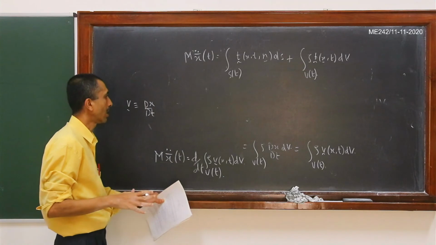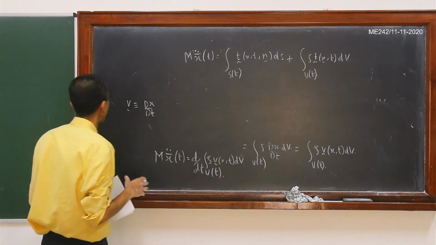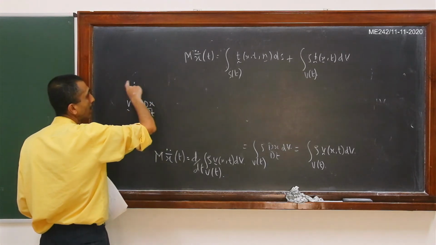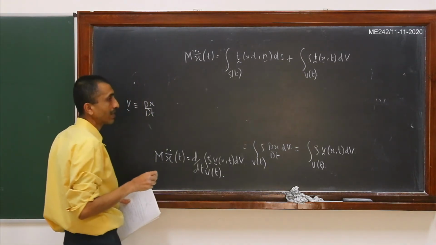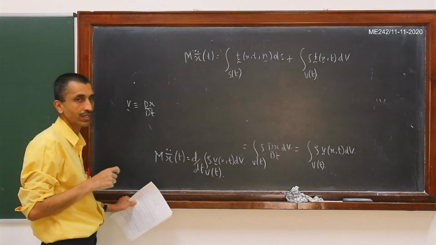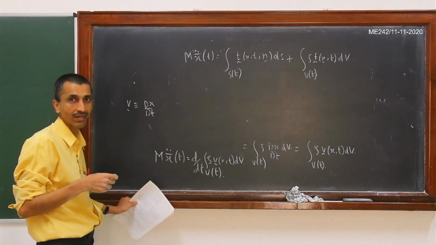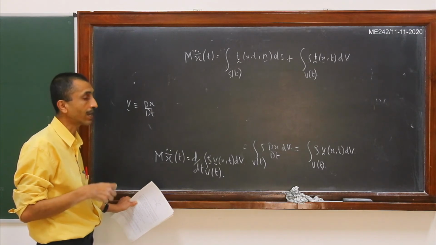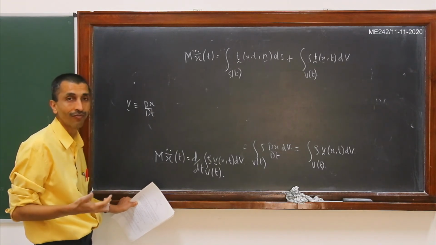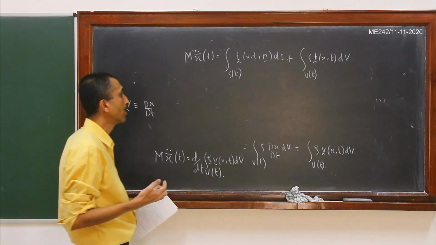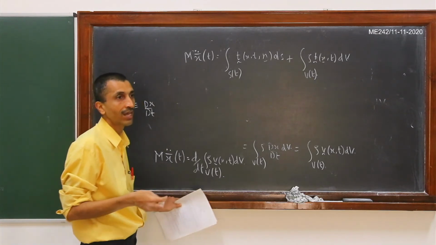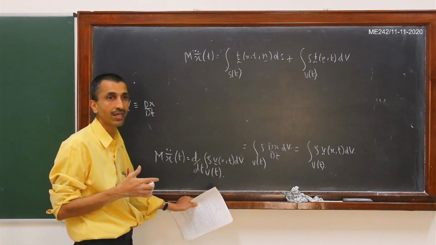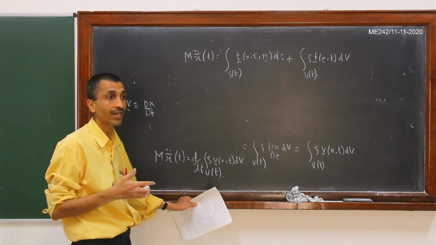When you are talking about just a single particle, you simply say force is equal to mass times acceleration. But a continuum is a collection of an infinite number of particles, so we cannot simply say the force acting on the material volume is equal to mass times the acceleration, because acceleration of which point?